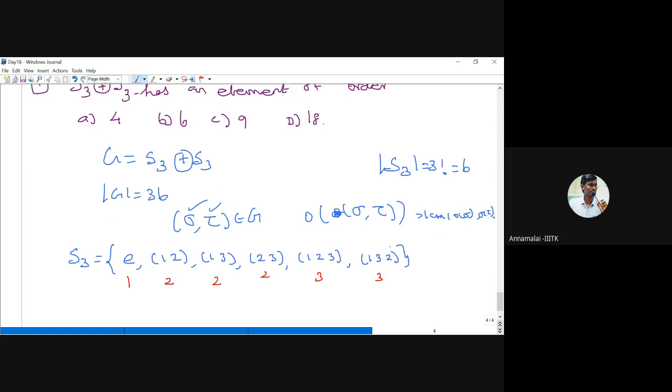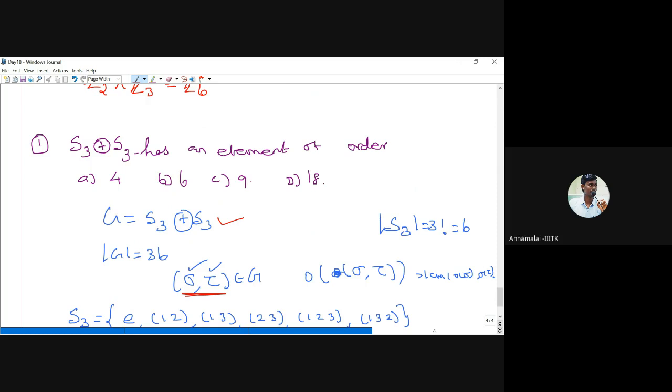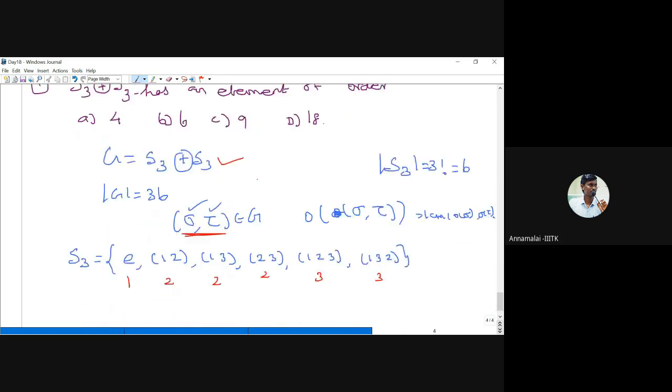Now, if we consider G, S3 direct product S3, every element is of the form of an ordered pair. Now, the question is: S3 direct sum S3 has an element of order what? That means what is the maximum possible?